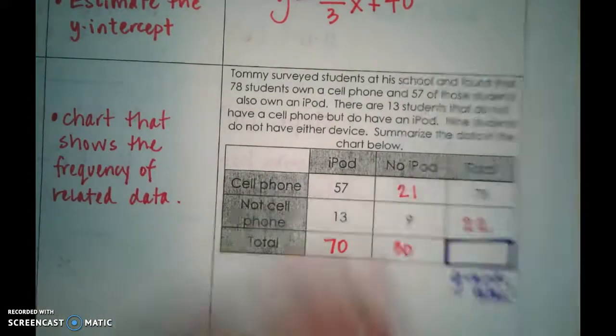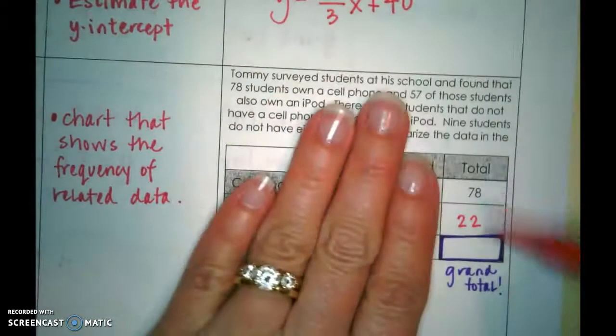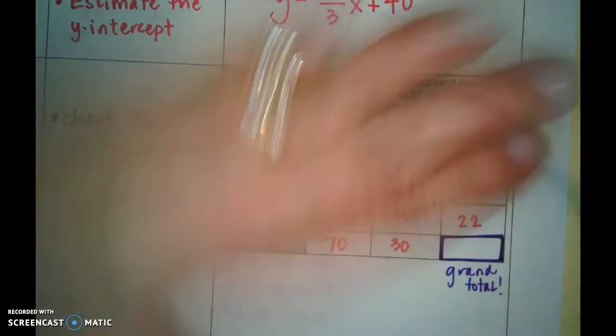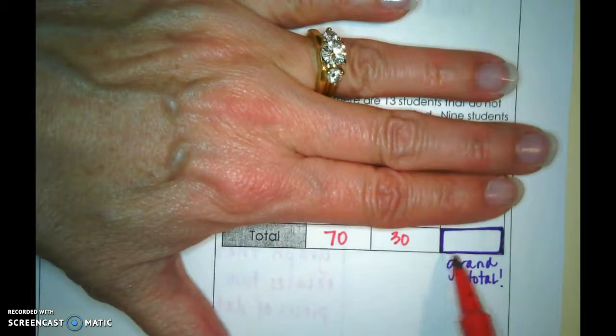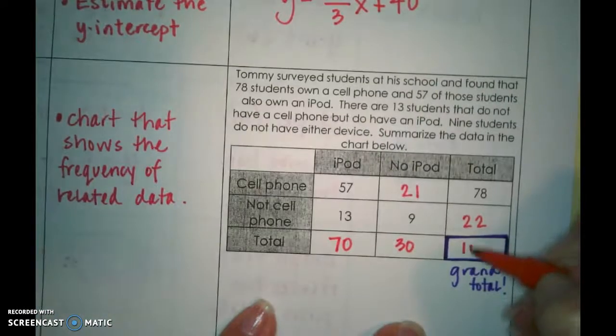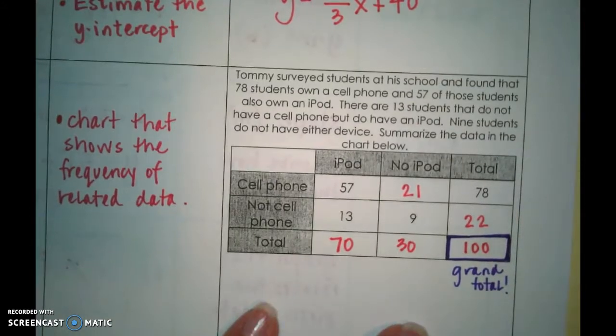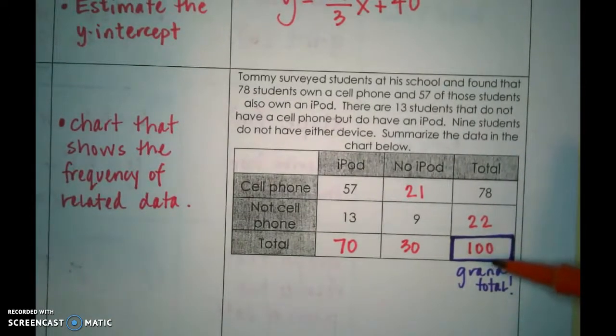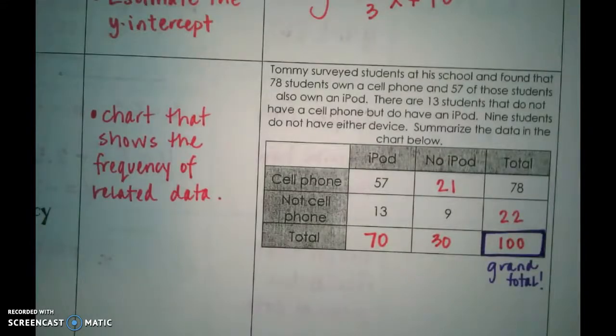So we have two ways to figure it out. We can either total up this way, or we can total up this way. But whichever way, we're going to get the same answer, and that is 100 students. So 100 students were surveyed, and now we can look at the chart and tell a lot of information.